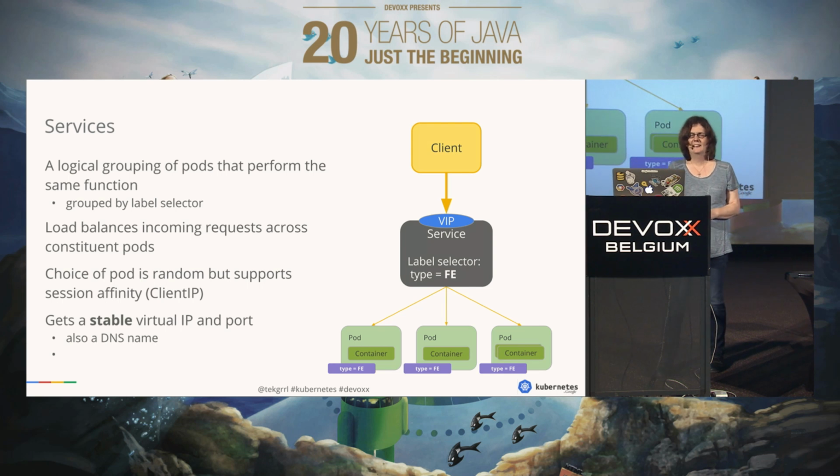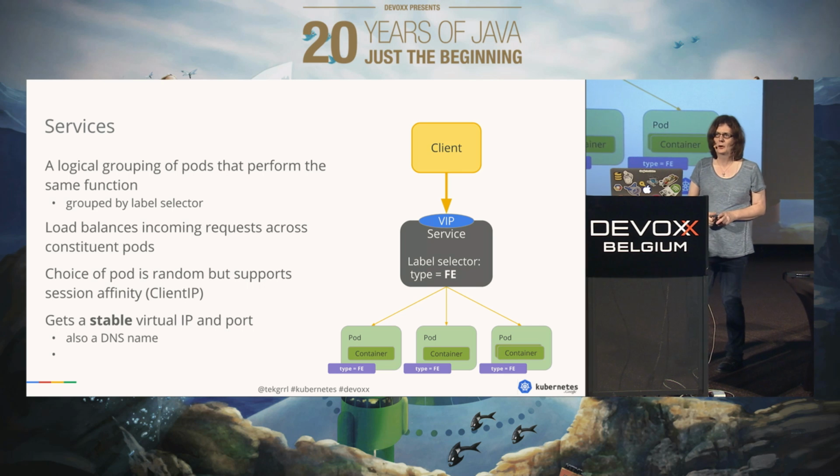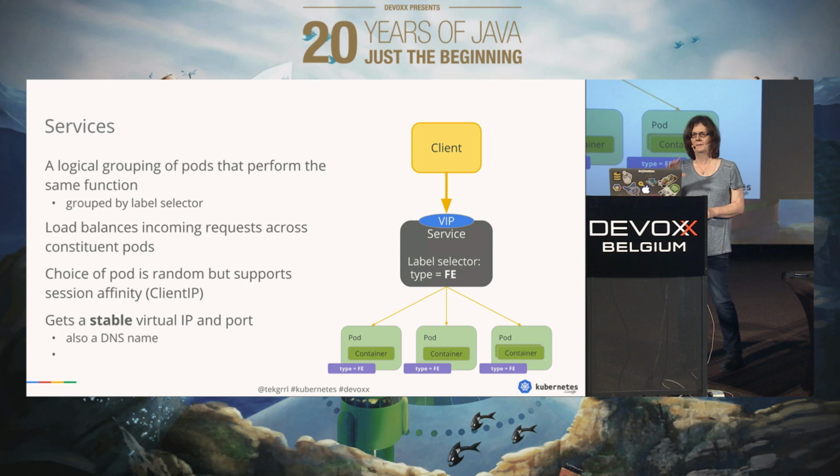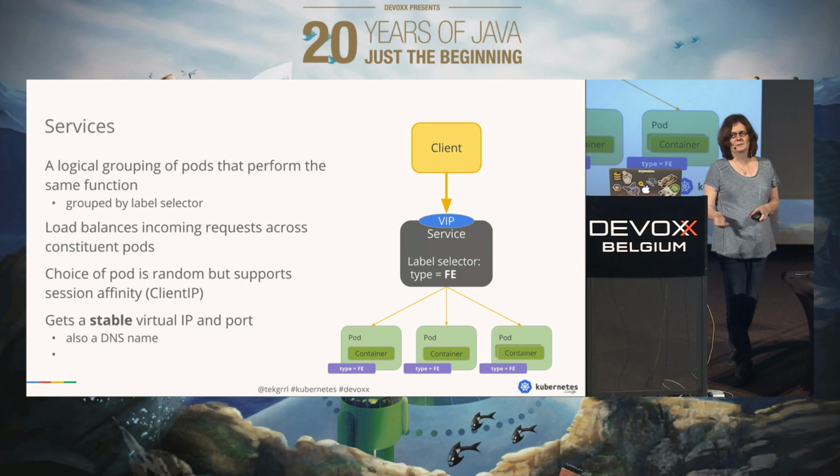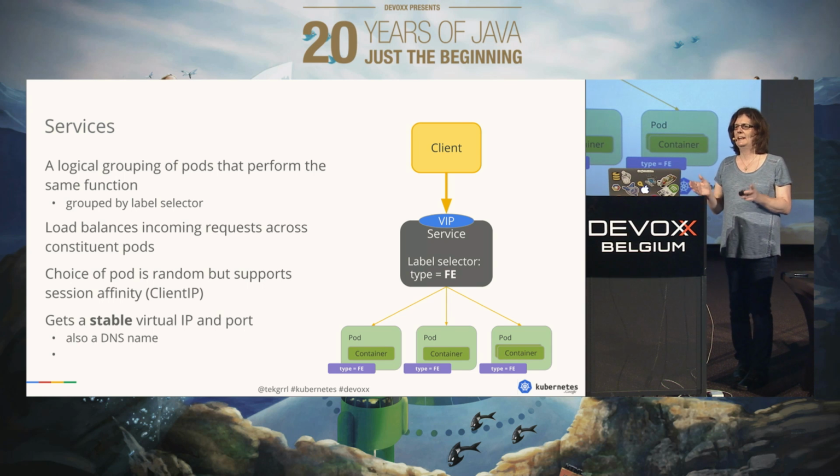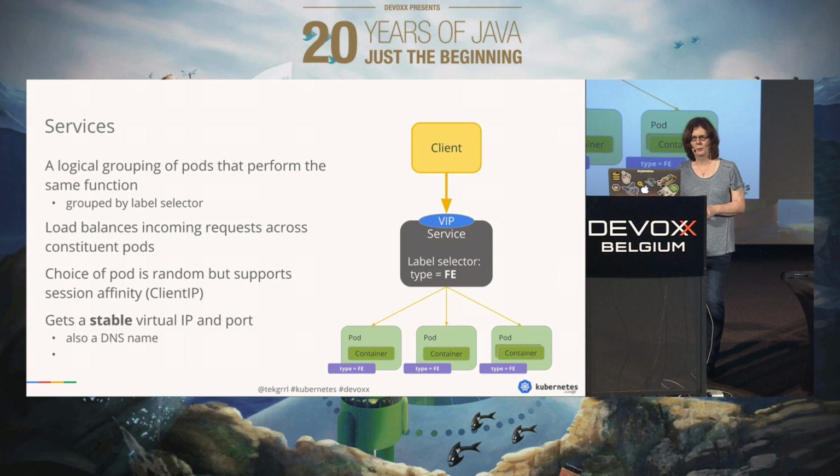So effectively what happens here, incoming traffic from a client, and the client could be some other pod running within Kubernetes, or it could be exposed and routed externally. And that could be done by you with setting up routing tables and such like to point to your service, or it could be done by your cloud provider. As in the case of Google, where for Container Engine, we expose the VIP as a load balance port forwarding rule.